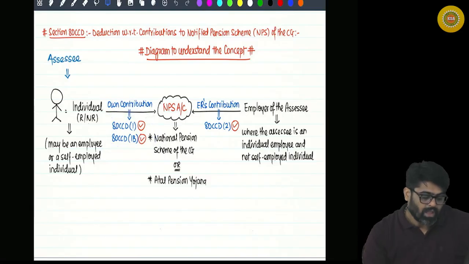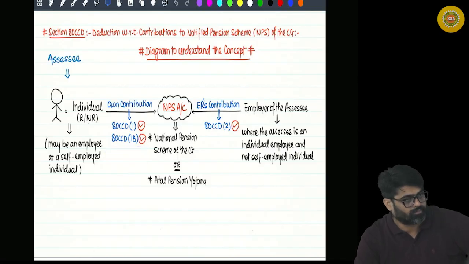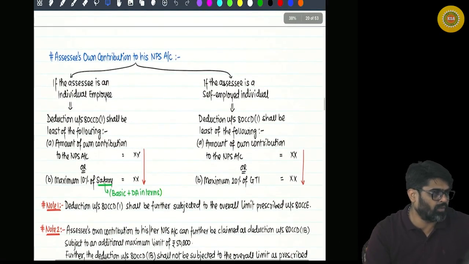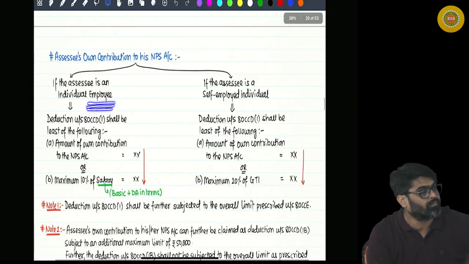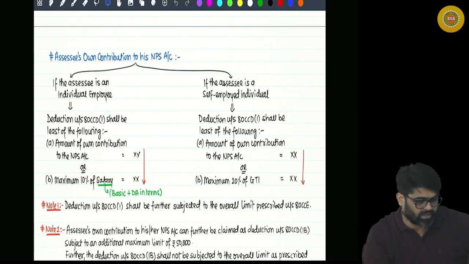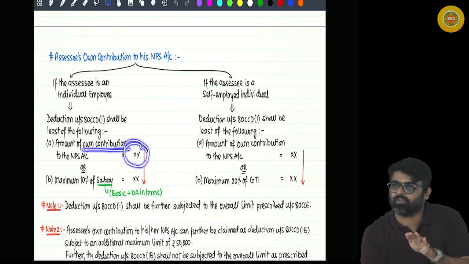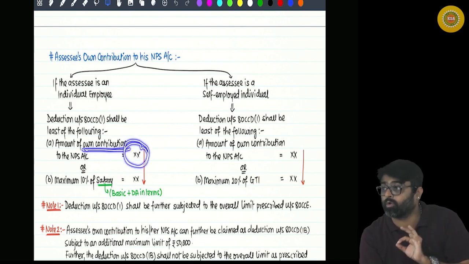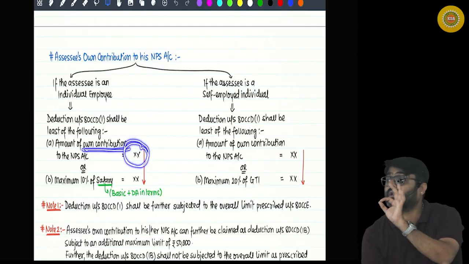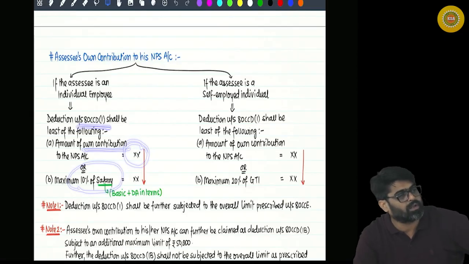Now tell me, how much amount can you claim for your own contribution? If you are an employee making contribution to your NPS, whatever amount you contribute during the previous year will be allowed under section 80CCD 1, subject to 10% of your salary.